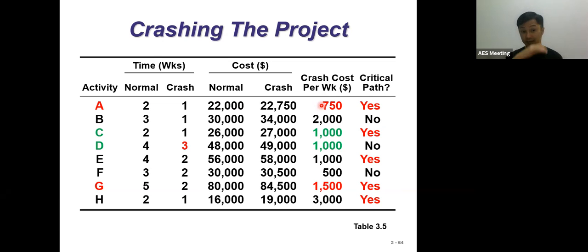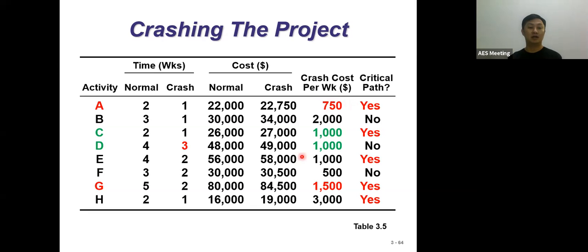If you look at this carefully, we only select activities which are under the critical path. So we only select critical activities here. Where are our critical activities?